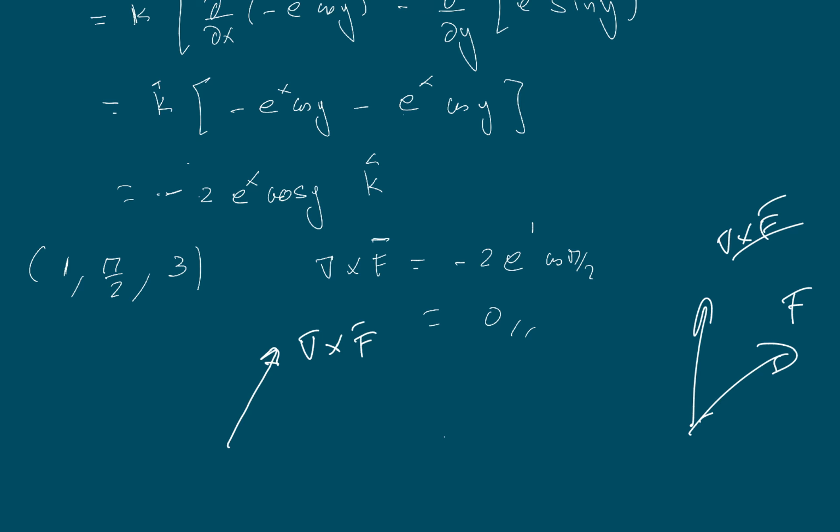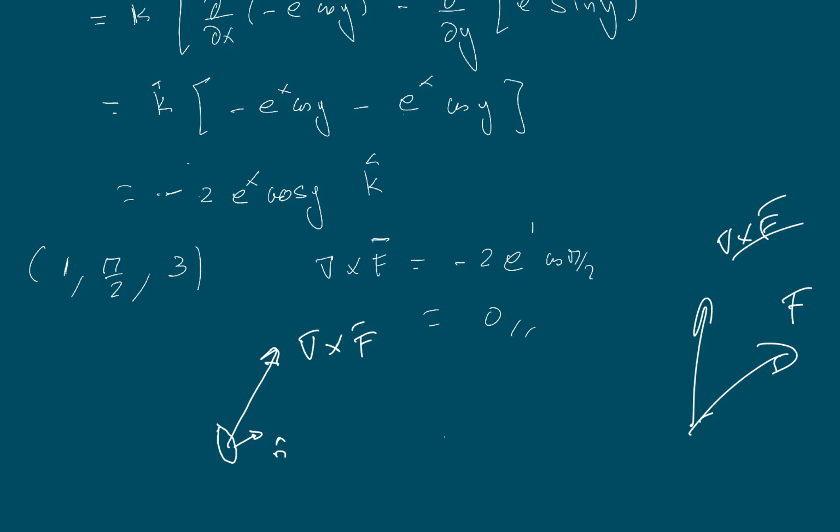What does the curl of f mean? It means that if you imagine that you put here a small area, dS, this small area will have a normal vector, n. And let's say that this normal vector is a unit normal vector, so the vector n with a hat.